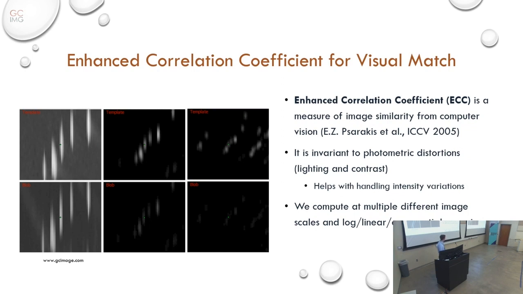And so we compute this ECC score through a number of different variations based on looking at the local regions around a peak at different zoom levels, so different scales of the surrounding, as well as different value mappings: logarithmic, linear, and exponential mappings of the values to the pixels that we're considering. So here are some examples of some of those variations that we're looking at, different zoom levels and such.